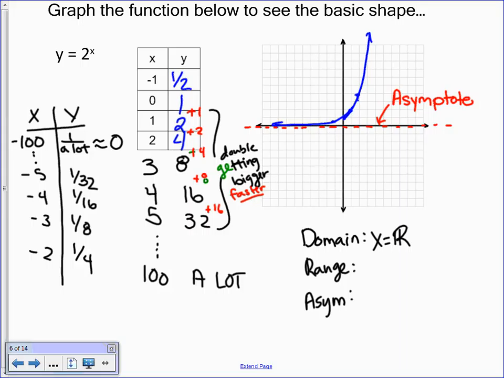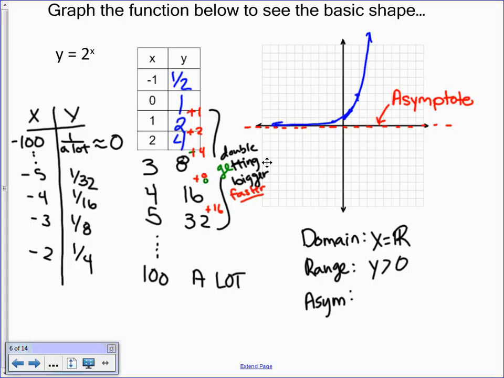So how could you describe the y's where your graph shows up? Y's, where are they? Greater than 0. Notice we don't include the or equals to because we know that 1 over a lot is still a little, and so we never actually have 0.